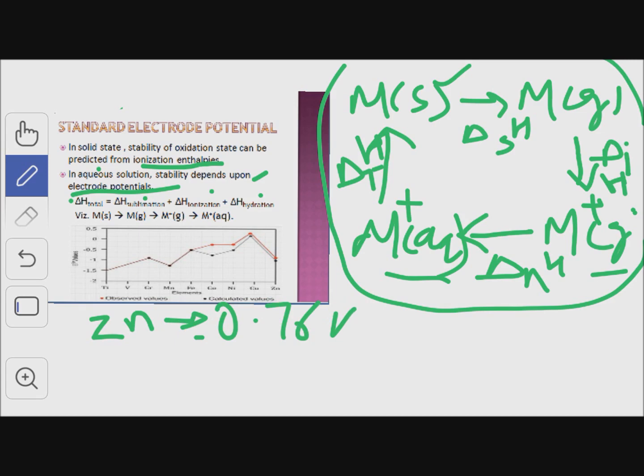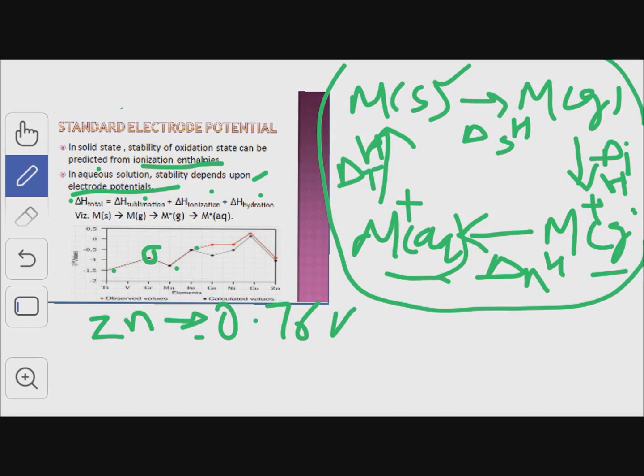And in this graph, for the first transition series from titanium to chromium, this value becomes less negative, and from chromium to manganese it becomes more negative, and then again increases.